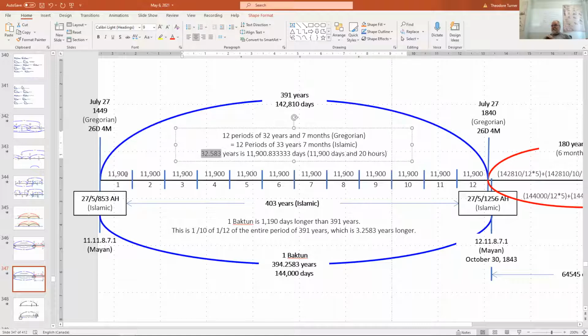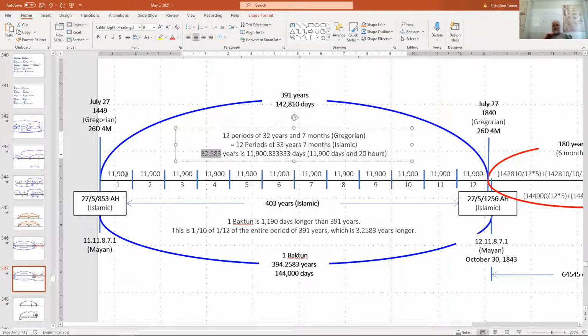So in order to get the Islamic calendar to line up so that it's whole years, you need to go 391 years. So this is an interesting cycle where we're dividing the whole period into these periods of 12. Now, at the time, this is kind of logical. It's just a way of analyzing these periods of time.